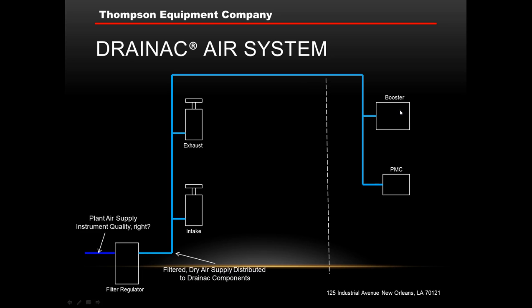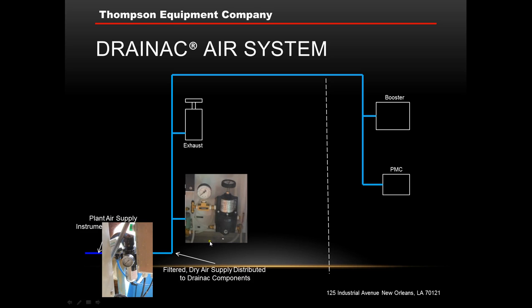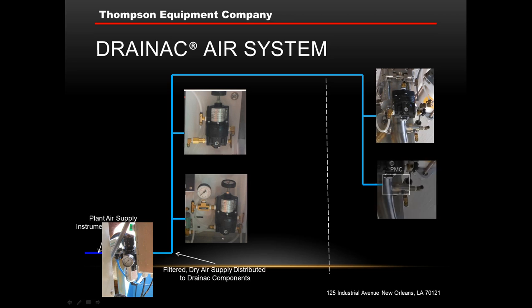It also goes to the pneumatic booster on the riser as well as the pressure transmitter on the side of the riser. There's a picture of the regulator. There's the intake and exhaust regulator, and that's what the booster looks like, and there's the PMC.